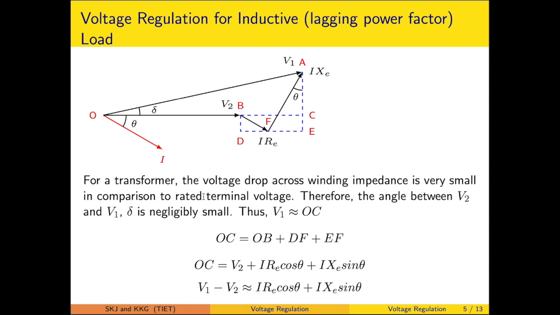Now, as made very clear, there is an effort to reduce the winding resistance and the reactance. So you can say the voltage drop in the winding impedance is small in comparison to the terminal voltage. Because of this, the voltage V1, which is equivalent to the OA length, is approximated as OC.